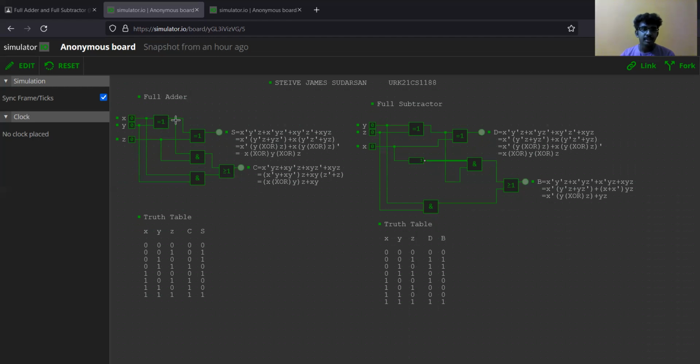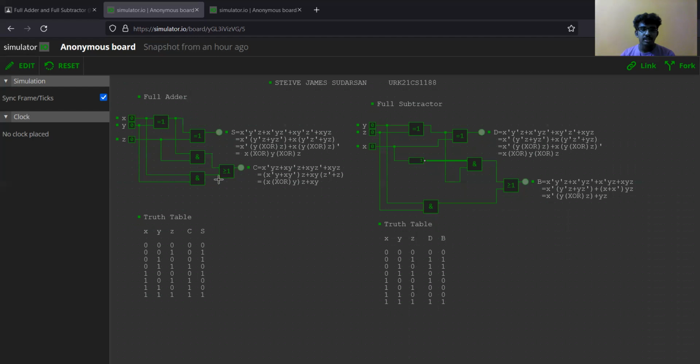And again in the same format for the carry, first we take x XOR y from this same circuit, and we feed it into an AND gate with z. So we get x XOR y into z. And in the same way, we take x and y into another AND gate, and we get two outputs now, x XOR y into z and x y.